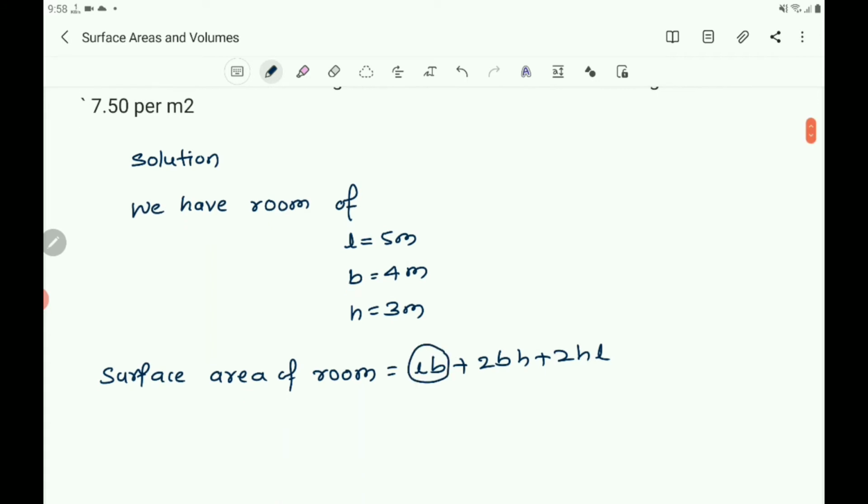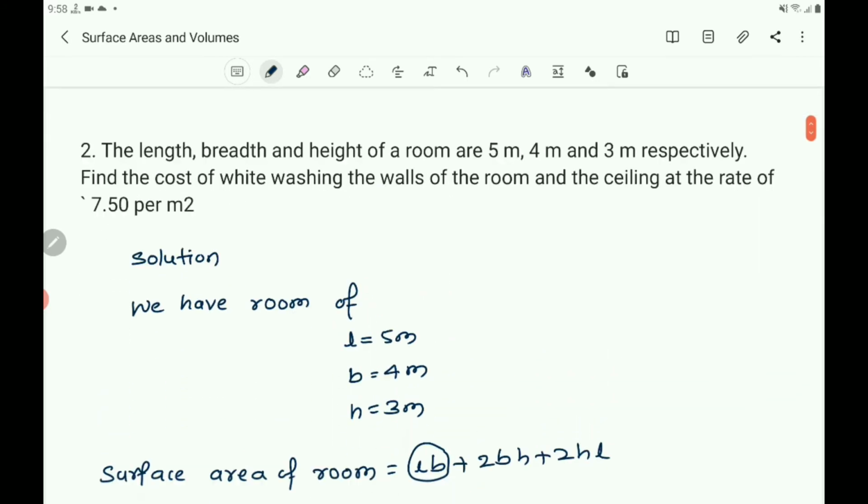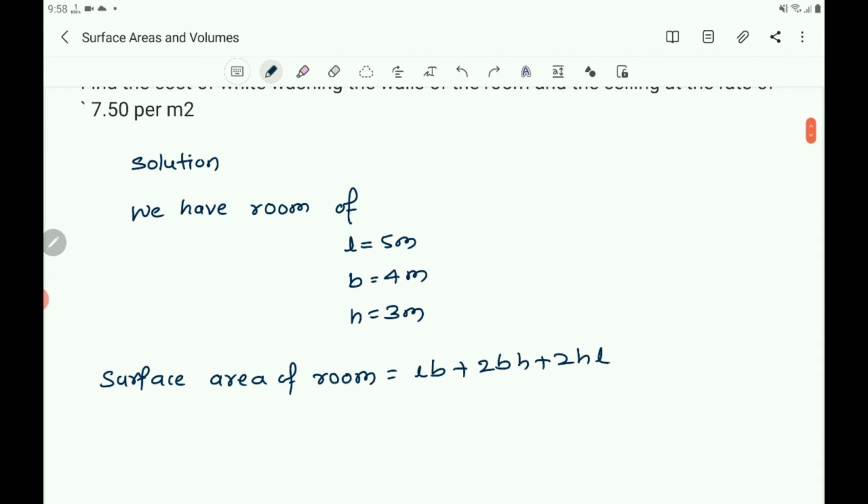LB means only one, that is the roof, not floor. Therefore only 5 surfaces are there, that is 4 walls and roof. Then you write the formula and substitute the values.